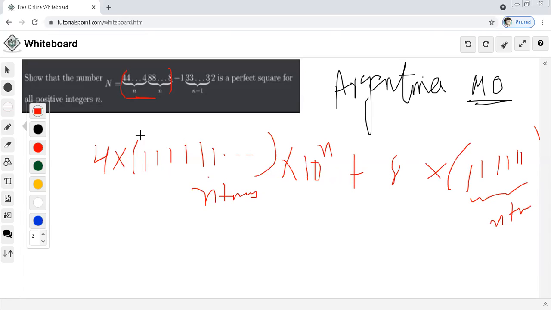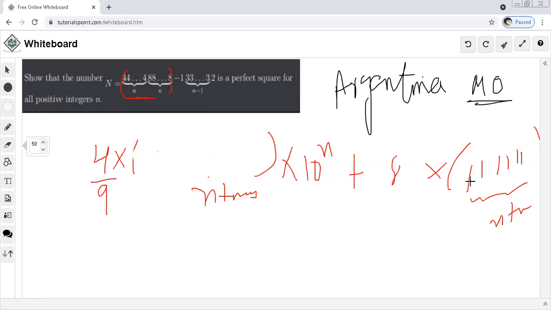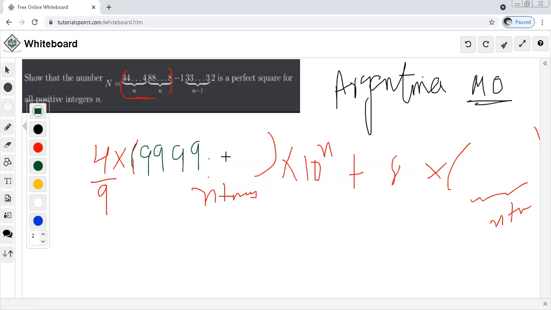So here's the number. There is a trick I learned in the GP chapters: multiply this thing by 9 and divide by 9 too. So I will do like 9, and I will replace these ones with 9s, 999...9.